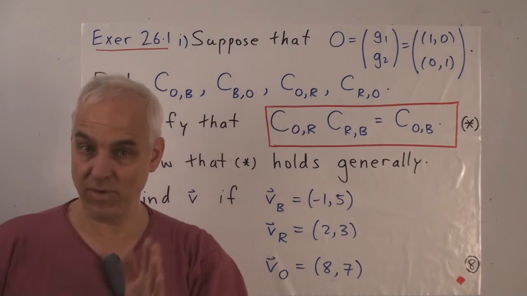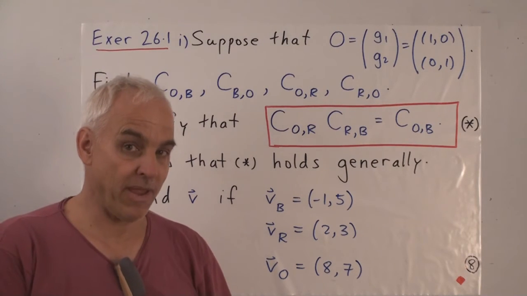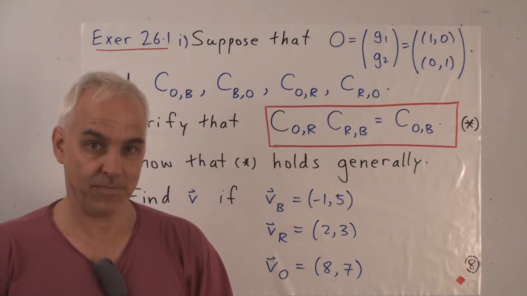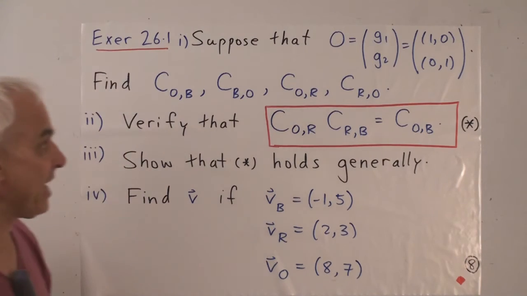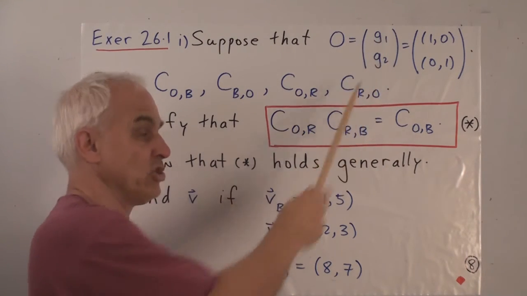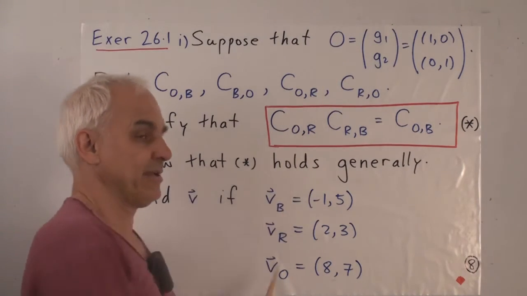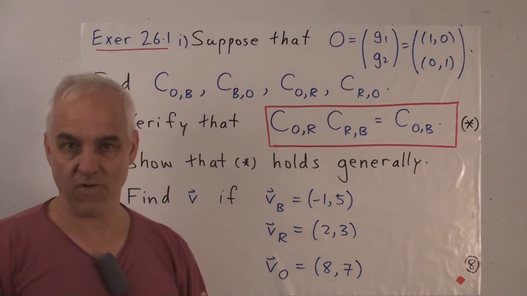The framework that we drew with our coordinate axes was different from both Bob and Rachel's systems. We can incorporate that by thinking about our basis vectors, say G1 and G2, as introducing a third matrix. Let's say capital O for ours.